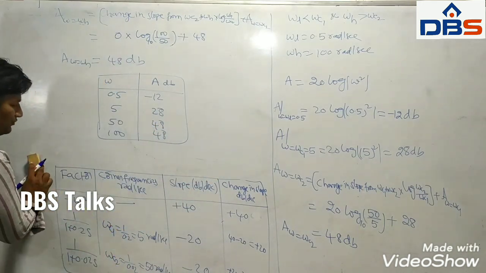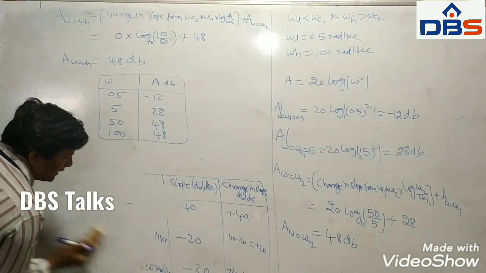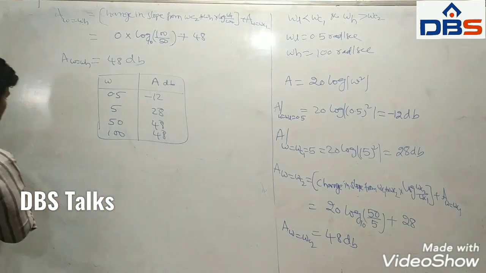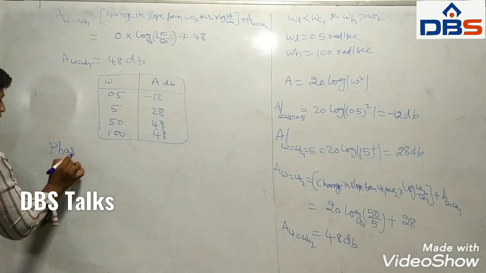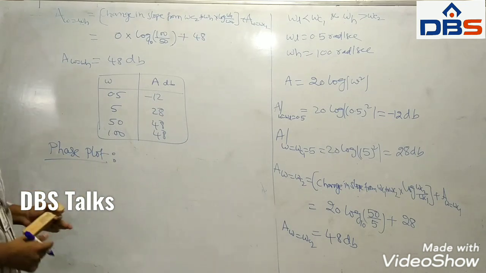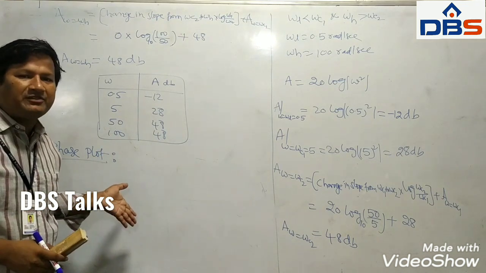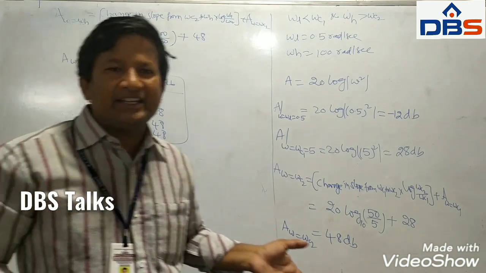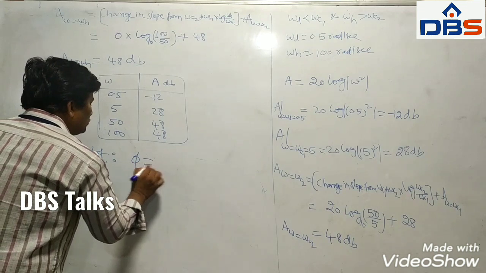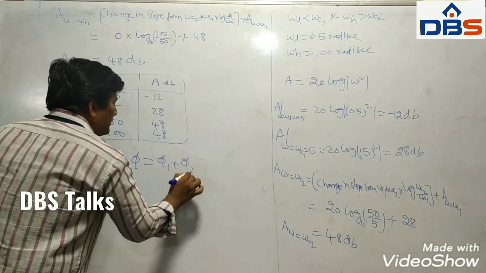Now go for the phase plot. So first, the magnitude plot is completed and the second plot is the phase plot. The phase plot is drawn between phase angle in degrees versus log omega. So phi equals phi 1 plus phi 2 plus phi 3.